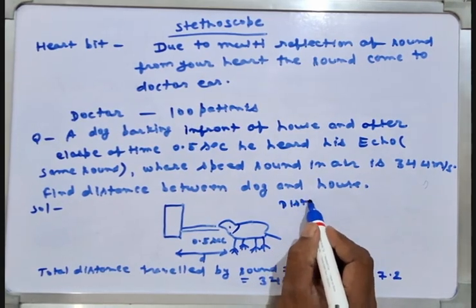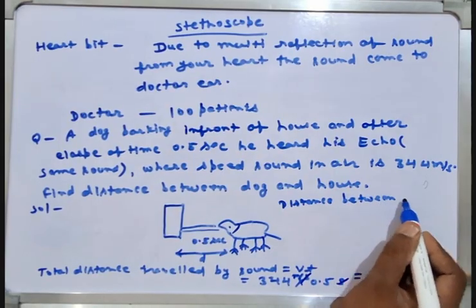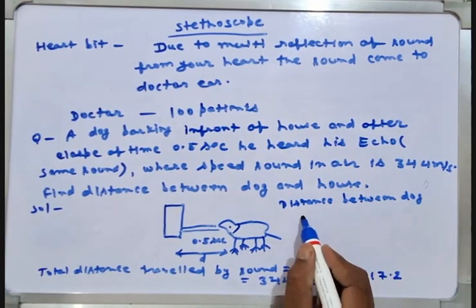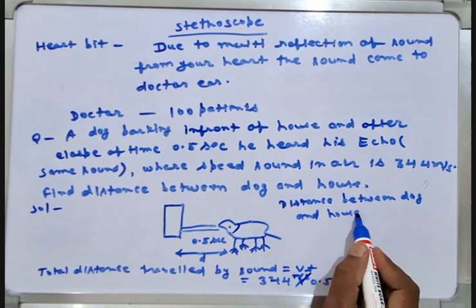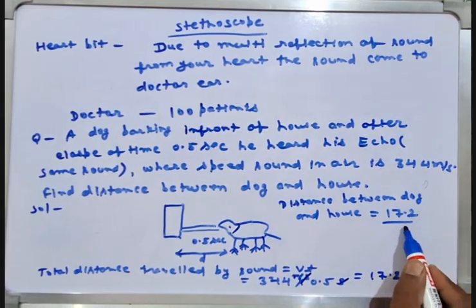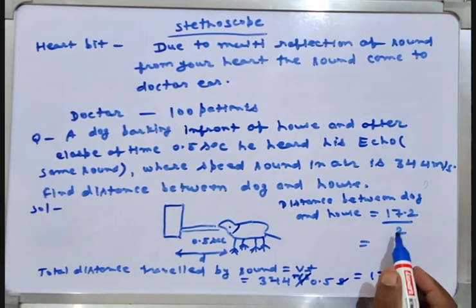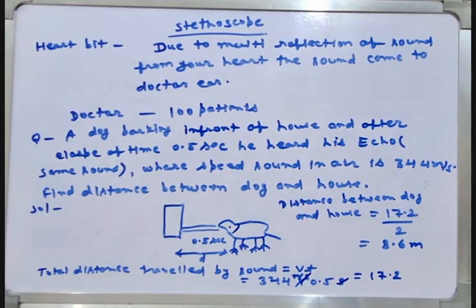So distance between dog and house equals 17.2 divided by 2. So this will come, guys, 8.6 meter. So in this way, guys, you can solve such type of problem.